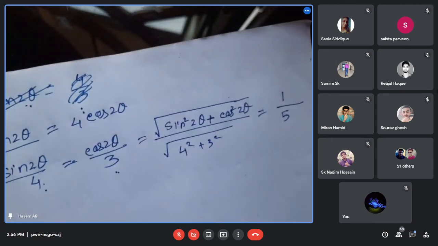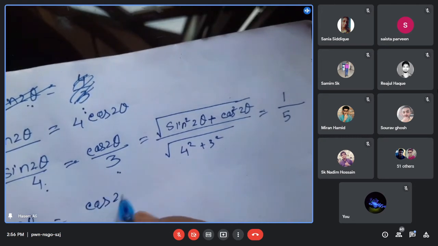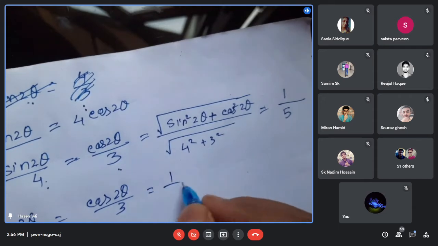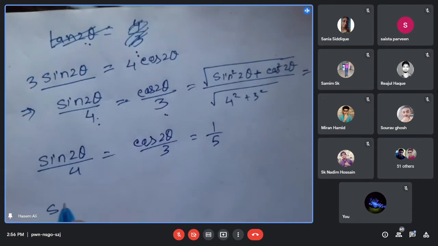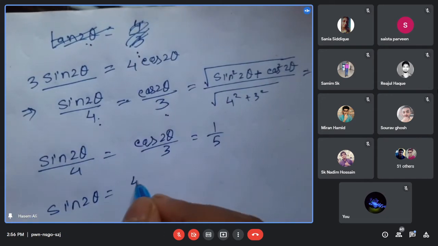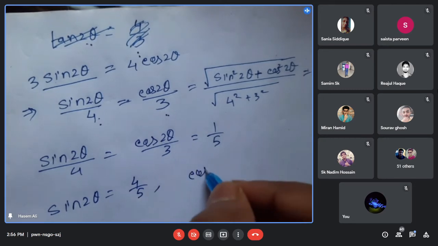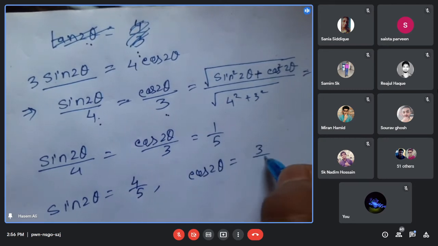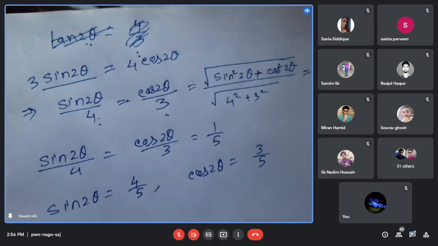So we have sin 2 theta by 4 equals to cos 2 theta by 3 equals to 1 by 5. That means sin 2 theta equals to 4 by 5 and cos 2 theta equals to 3 by 5.